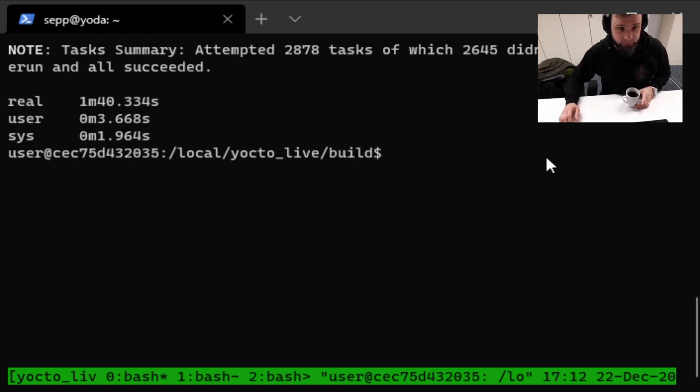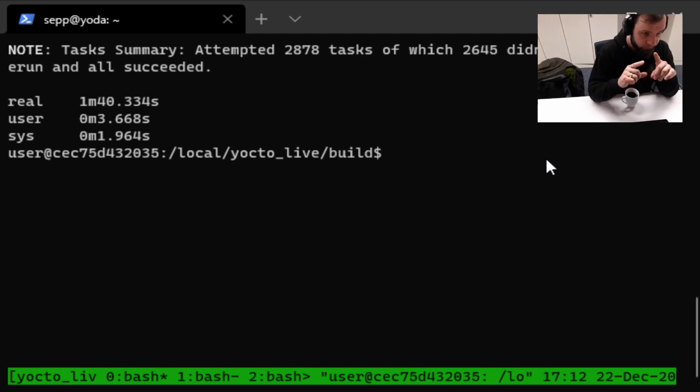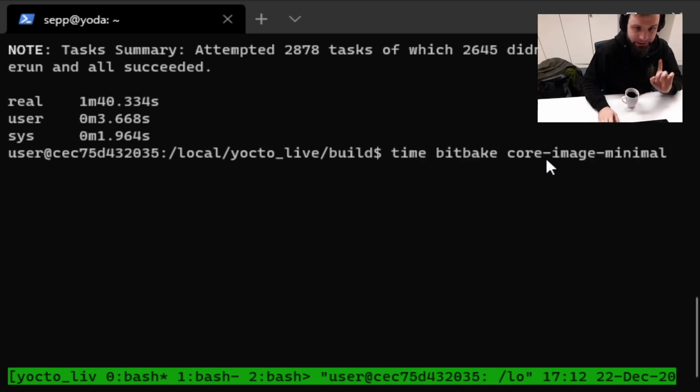Okay, so now we do have the outer image build, and where the magic happens now is that we can build things for the inner configurations, and that goes like this.